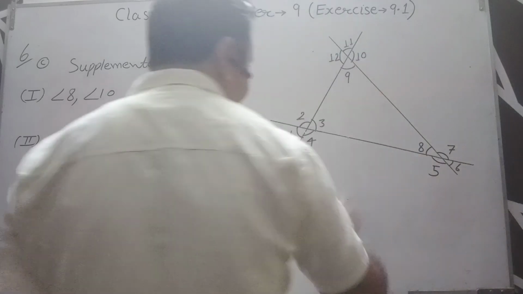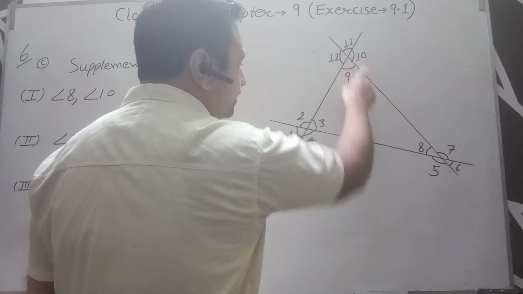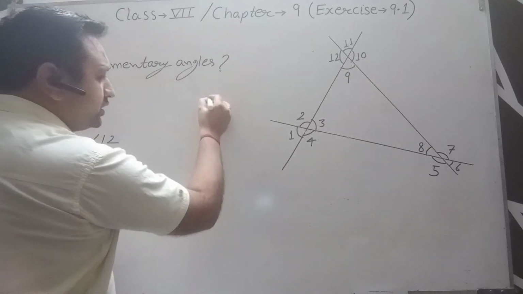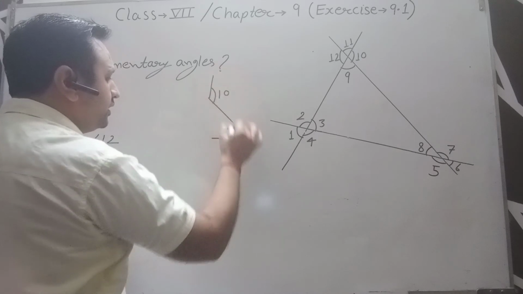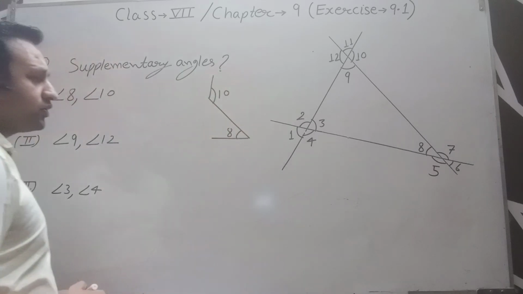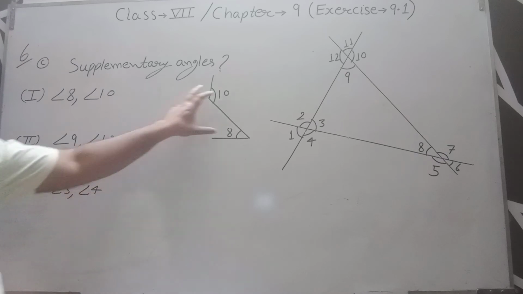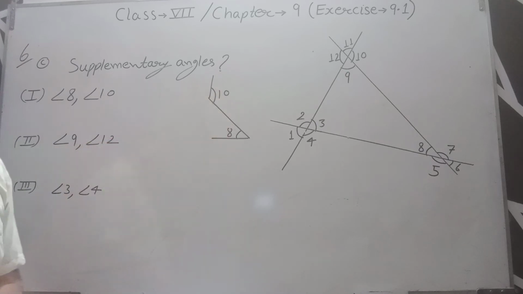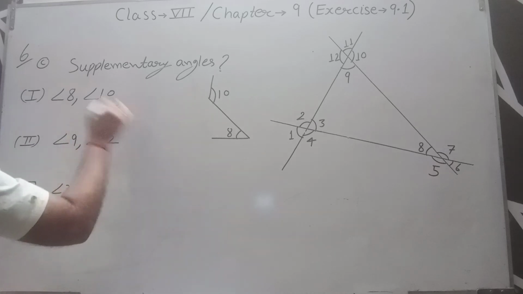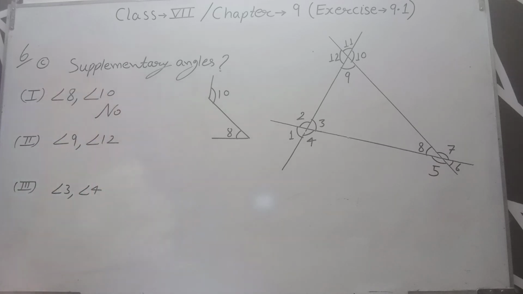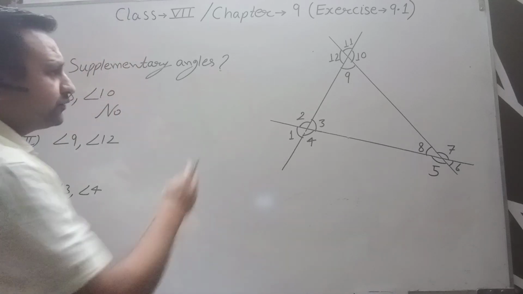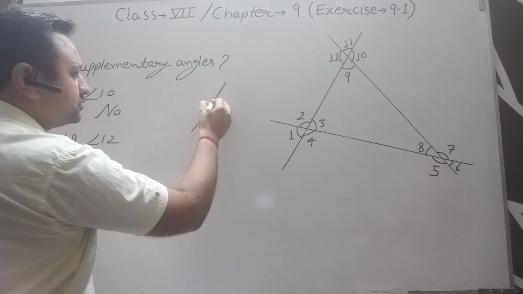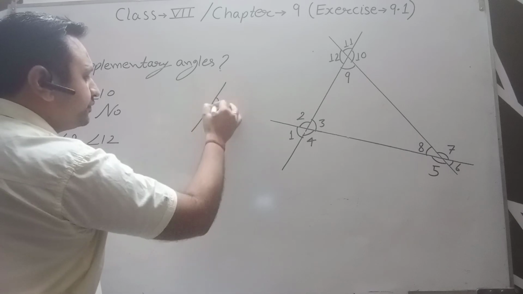Angle 8 and angle 10, the position of these two angles is like this. According to the figure we can't be sure that the sum of these two angles is 180 degrees, so these angles are not supplementary angles. Angle 9 and angle 10, according to the figure these two angles are like this.